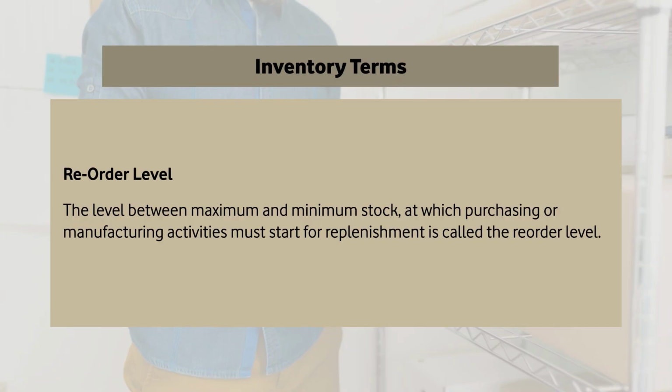The level between the maximum and minimum stocks at which the purchasing and manufacturing activity must start replenishment is called the reorder level. Suppose we have 200 in stock, and when it comes down to 50, then the order will be placed.